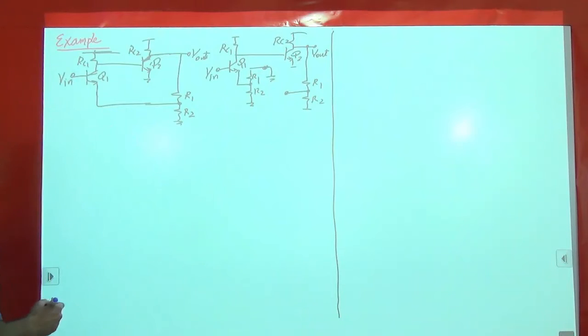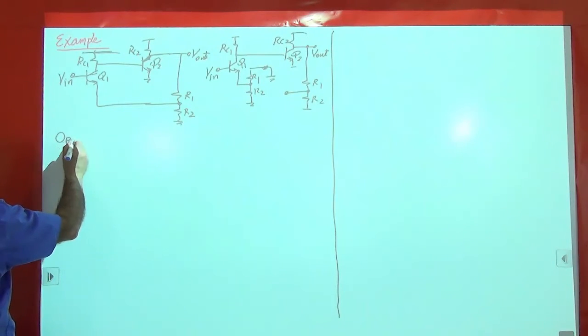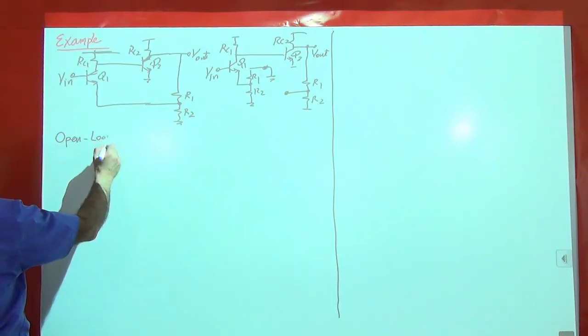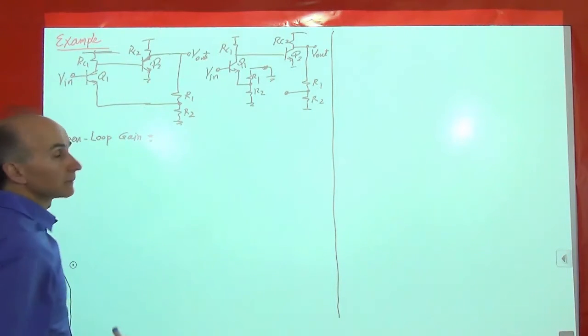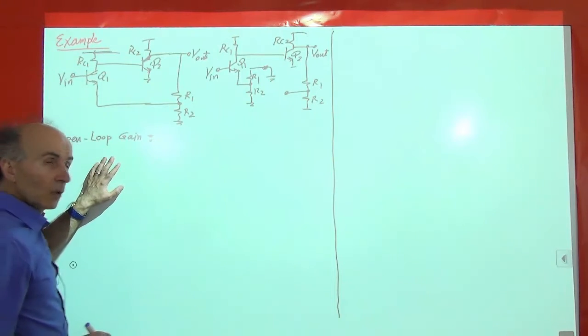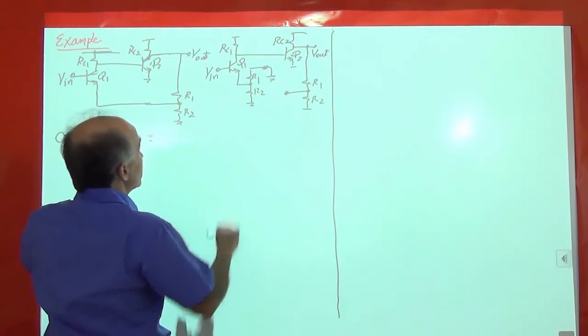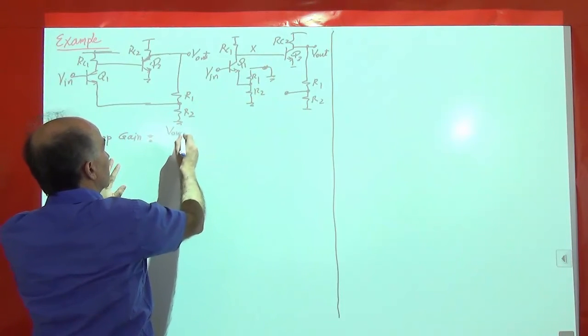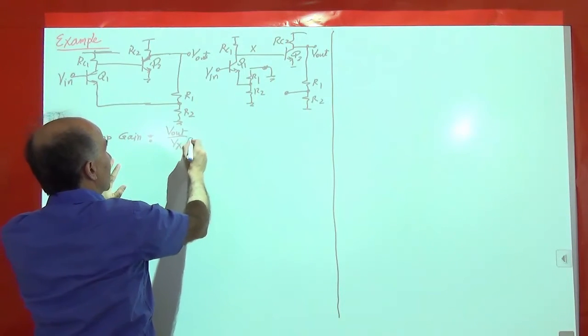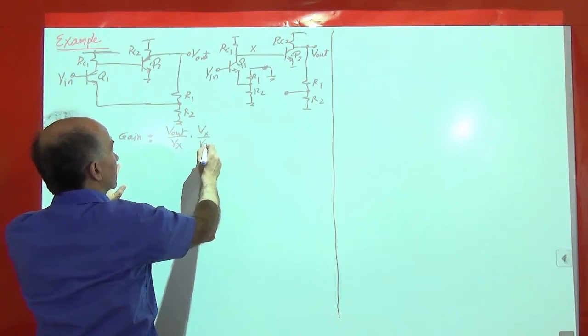All right, so open loop gain. How much is that? Well, I start from here. Let's call this X. So it's Vout over Vx times Vx over Vin.